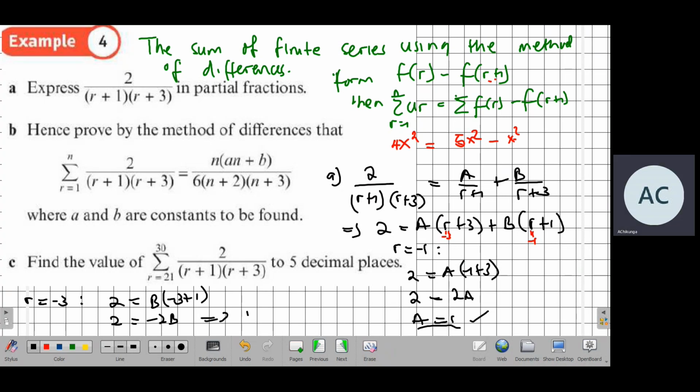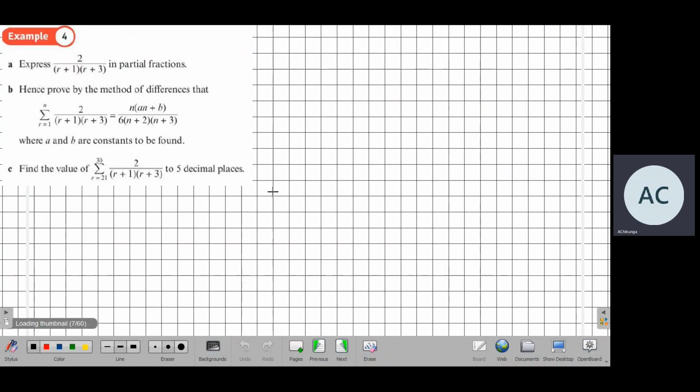So the value of b is equal to minus 1. This takes us to the form with a equal to 1 and b equal to minus 1, so this can be written as 1 over r plus 1 minus 1 over r plus 3.